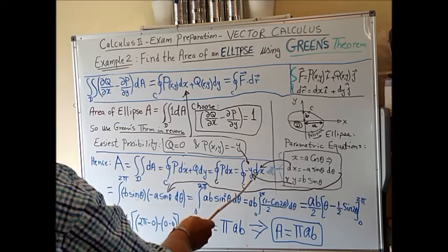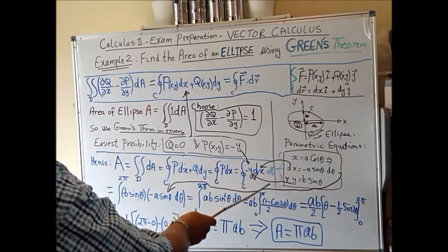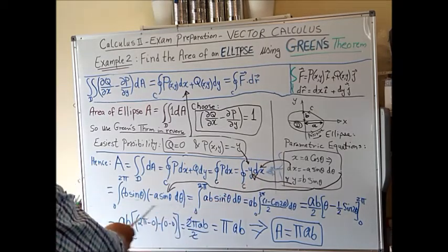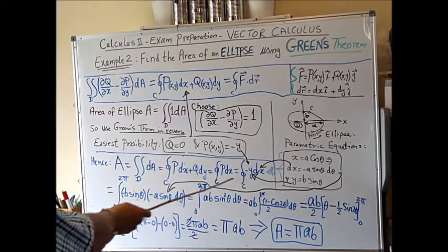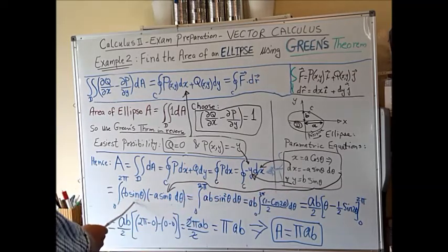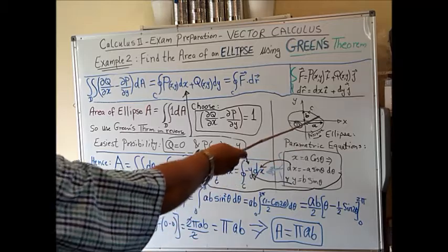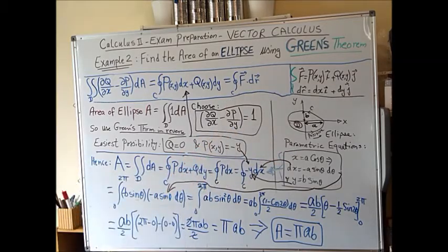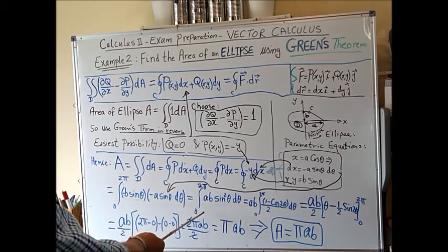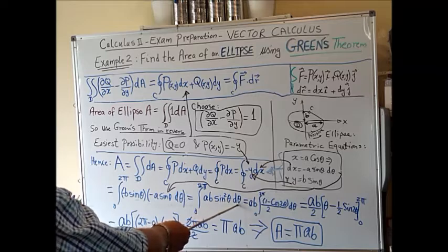We substitute this in the formula: minus y is minus b sine theta, and dx is minus a sine theta d theta, and we integrate from 0 to 2 pi, as it goes around the ellipse in the positive direction. Simple substitution, folks, and that will give you ab sine squared theta d theta.